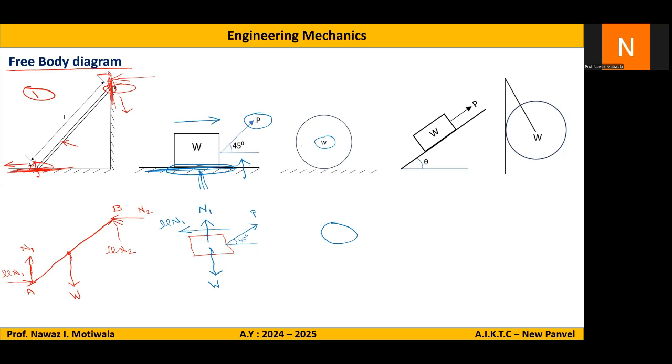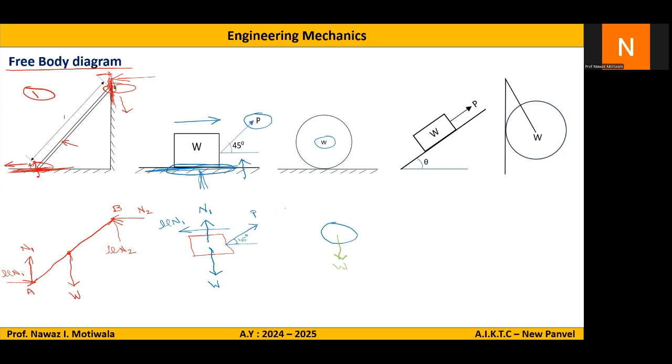So here, if you observe in this particular diagram, there is no applied force given, so we don't need to show any applied forces. Second is the self weight. Self weight is to be shown vertically downwards with a weight W. So the weight is W and shown vertically downwards.